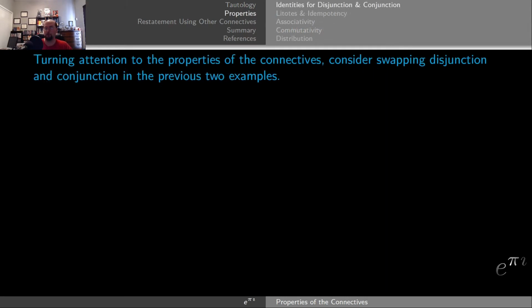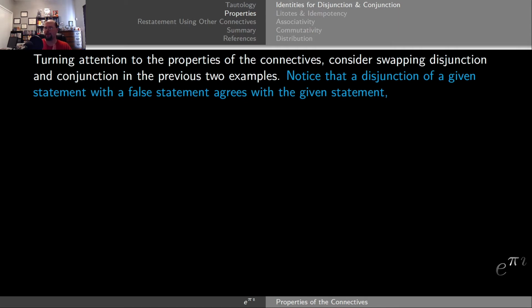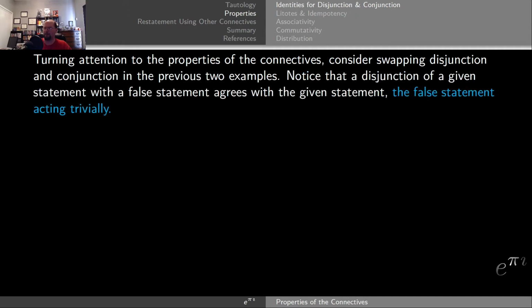Turning attention to the properties of the connectives, let's consider swapping disjunction and conjunction in the previous examples. That is, disjunction with a false statement and conjunction with a true statement. What happens then? Well, notice that a disjunction of a given statement with a false statement agrees with the original given statement. That is, the false statement acts trivially. It basically contributes nothing new to the disjunction.